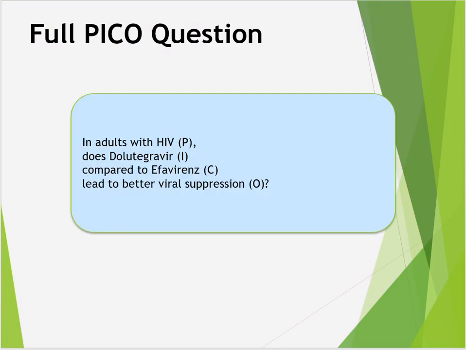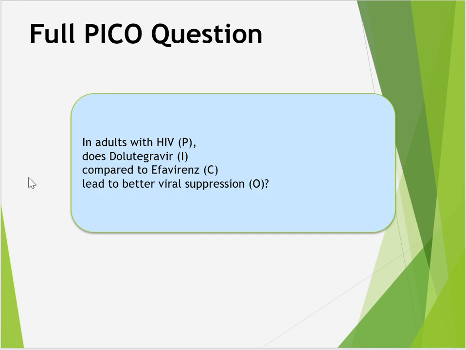So this is an example of a full PICO question. In adults with HIV, does DTG, that is an antiviral, compared to efavirenz, that is another antiviral, lead to better viral suppression? That is an example of a research question that has been formulated based on the PICO framework.